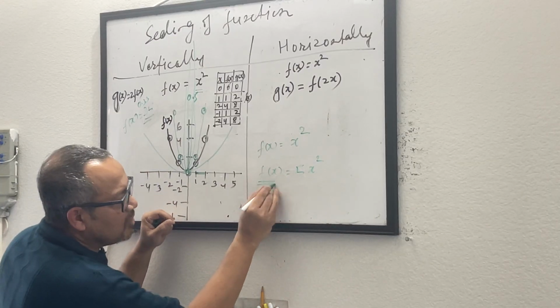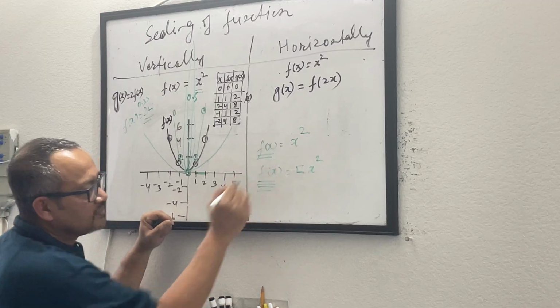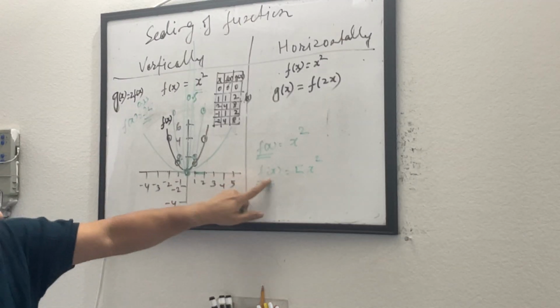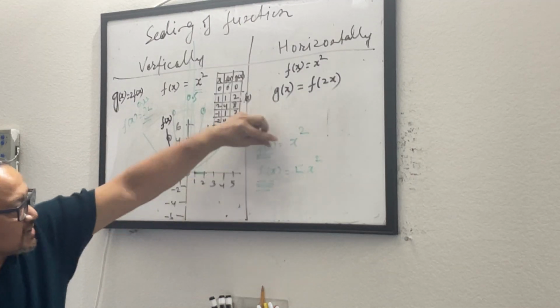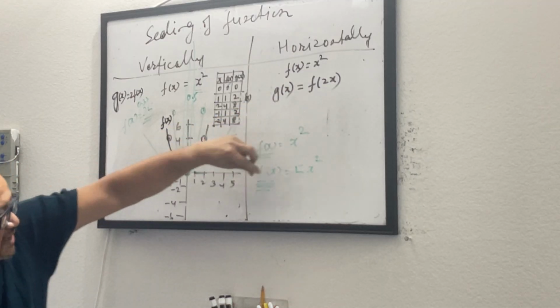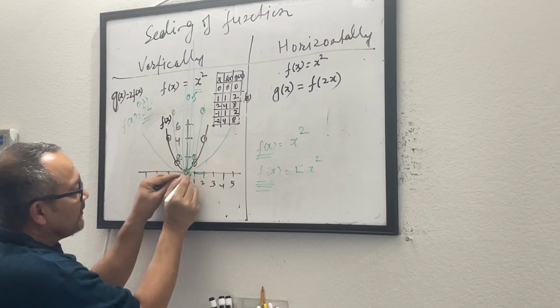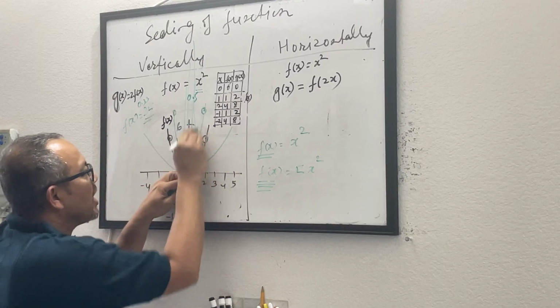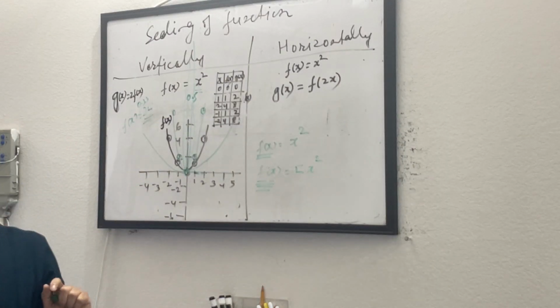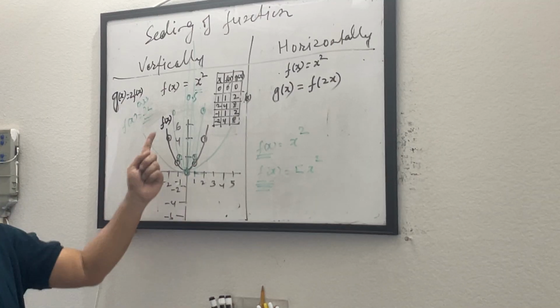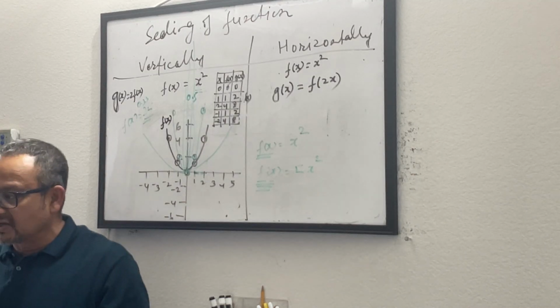This f of x is nothing but your y value, the outcome. Here, this is changing much faster. Here, it's changing slowly. So if it's changing faster, it will make it get compressed, because for every small change of x, your y is changing much more rapidly. So this is a perfect example of vertical scaling.